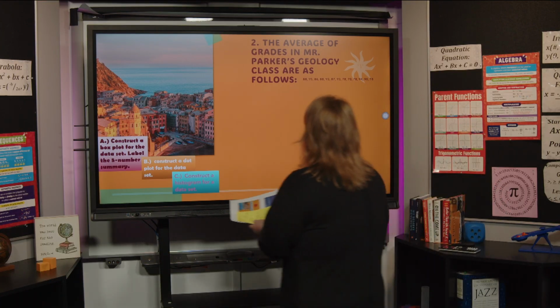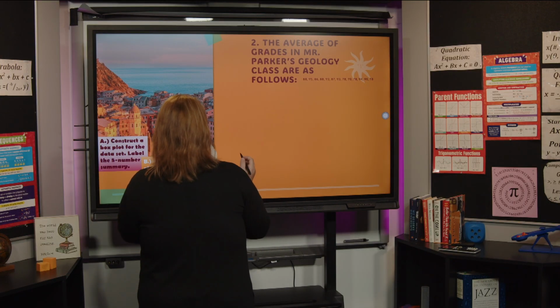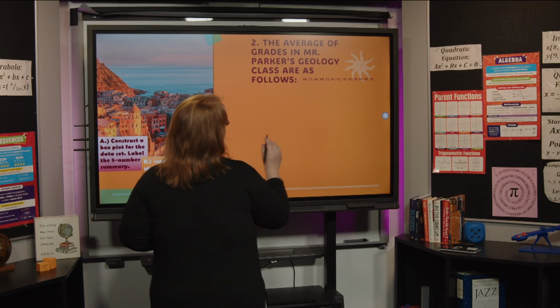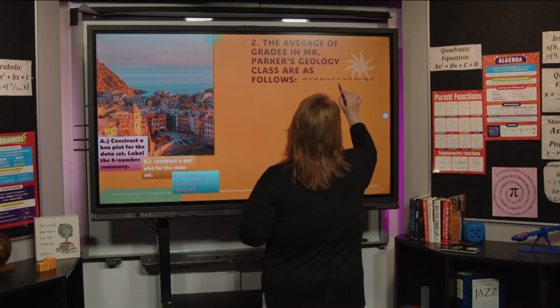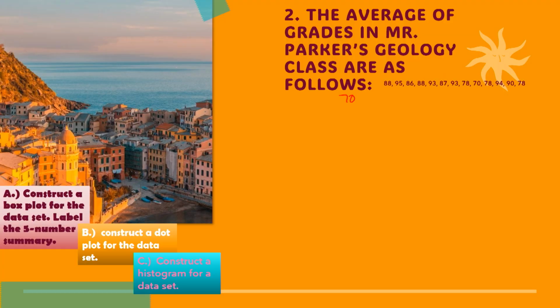So here we go. The first thing I'm going to do is put it in numerical order, and then let's do a frequency table. My lowest number is 70, and then 78, 78, 78, 86, 87, 88, 88, 90, 93, 93, 94, and 95.